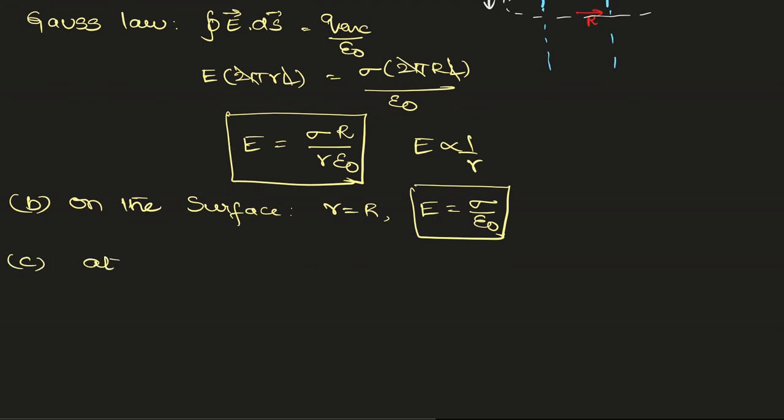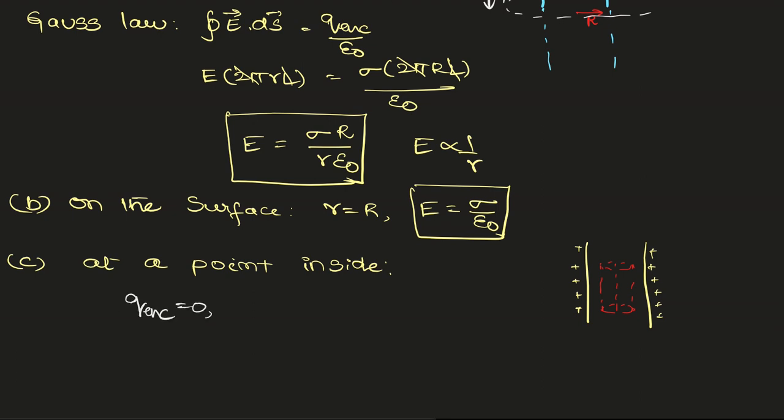At a point inside, if they ask, as it is a conducting cylinder, overall charge will be distributed only on the surface. So if we construct a Gaussian surface inside, electric charge enclosed will be 0, Q enclosed is 0, so the flux will be 0 and hence electric field will be 0.